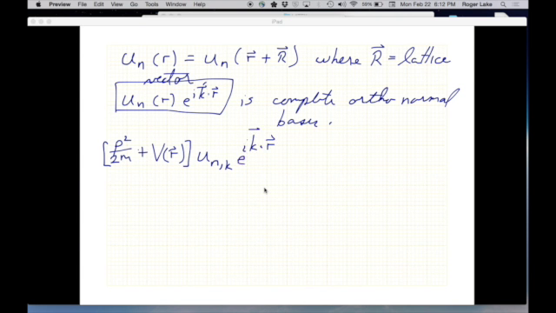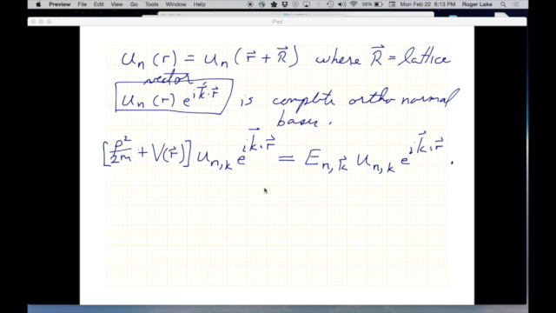And that's just equal to E times the same thing again. And E will also have the index for the band. It's a function of k times u again. Okay, I just replaced everywhere I had psi with this special form of psi of a Bloch function.